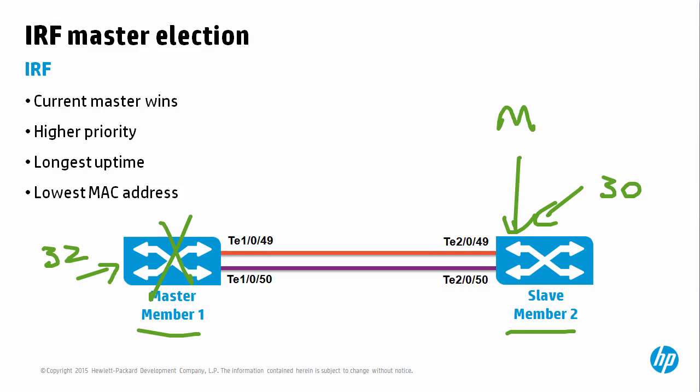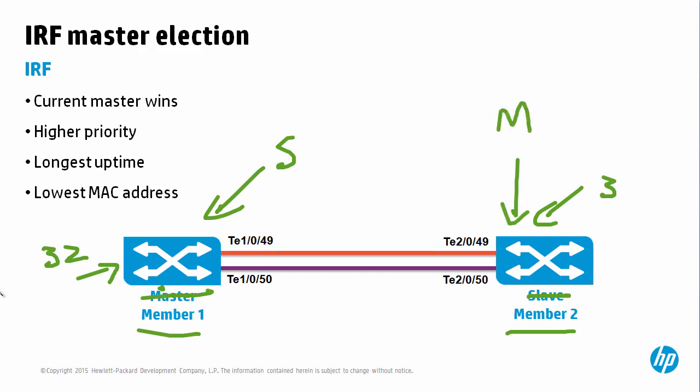When the master goes down, the slave becomes the new master device. When the master comes back again and rejoins the IRF system, it will now rejoin as a standby device and not as a master device. This slave device or standby device became the master when the master went down.